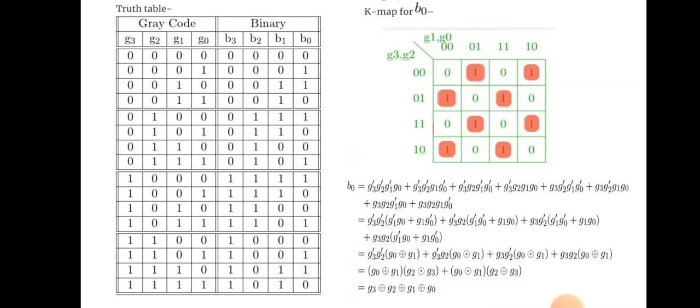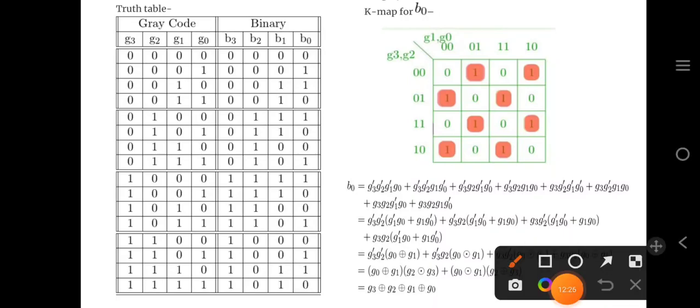Here you can see it is G0 XOR G1. If you refer to this equation, G1 dash G0 plus G1 G0 dash, this is nothing but G0 XOR G1.